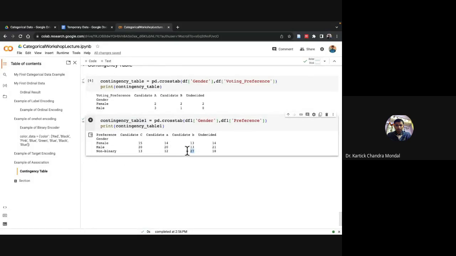But candidate B has more importance for non-binary voters compared to candidate C and candidate A, but male voters have much importance.